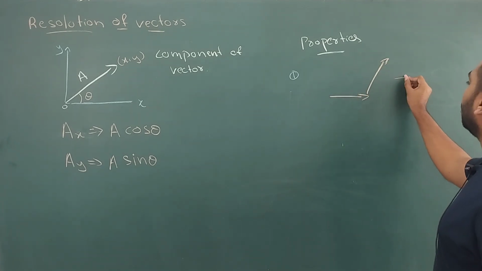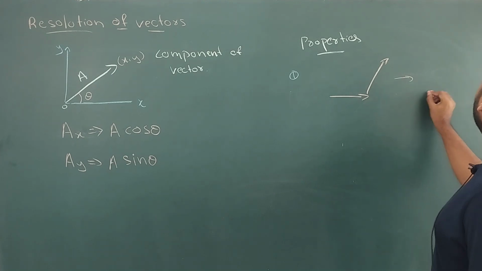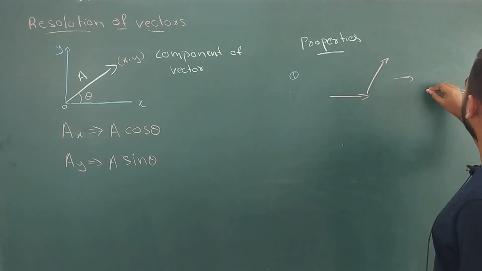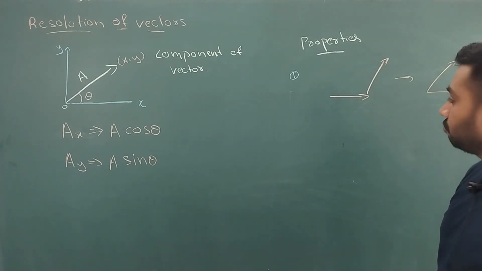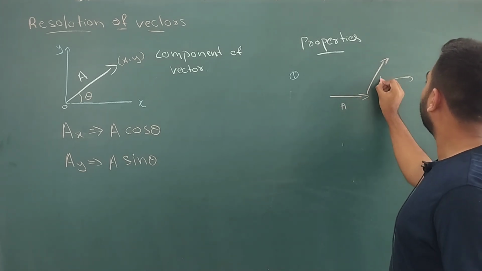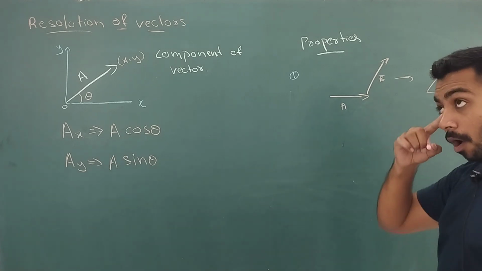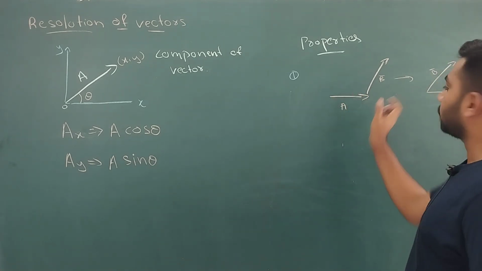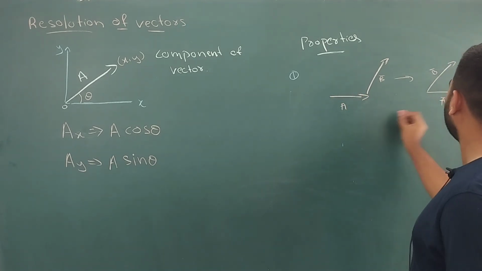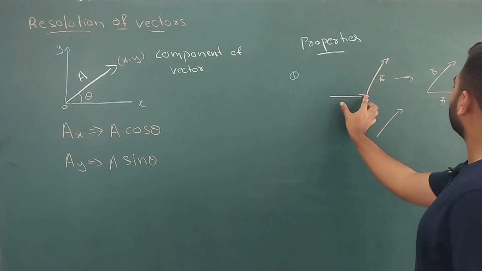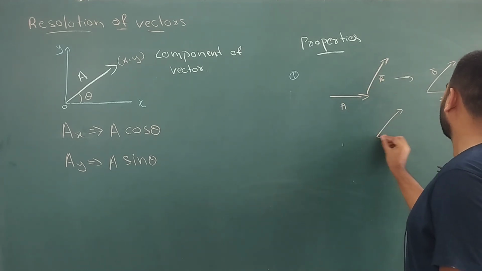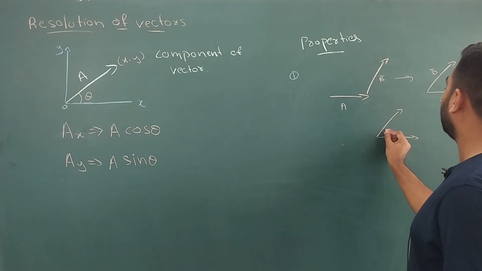At that time what happens? Let's see, shifting this to this side, this to this side. A, B. Or else I can shift this to this side. Same thing will happen, the same angle theta.